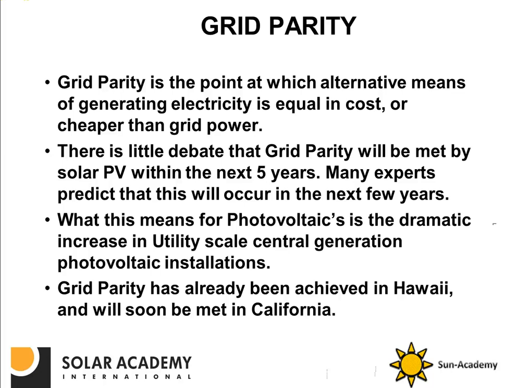Grid parity, the point at which an alternative means of generating electricity is equal in cost or cheaper than grid generated power. We are very close to achieving this in many areas, and the trend continues to make renewable energy sources more and more financially attractive, along with all the environmental benefits.